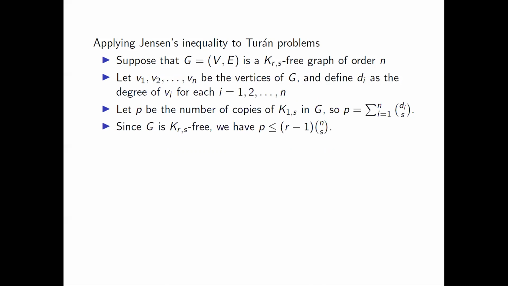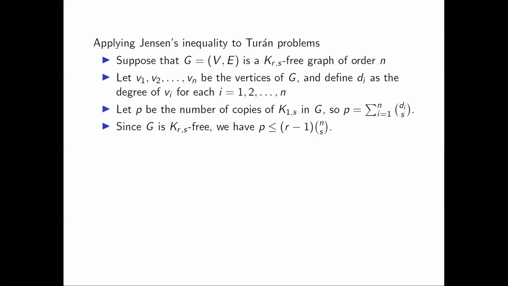However, we can also count a different way. We can use the fact that G has no copy of K_{R,S} in it. It's K_{R,S} free. And that tells us that P is less than or equal to R minus 1 times n choose s.